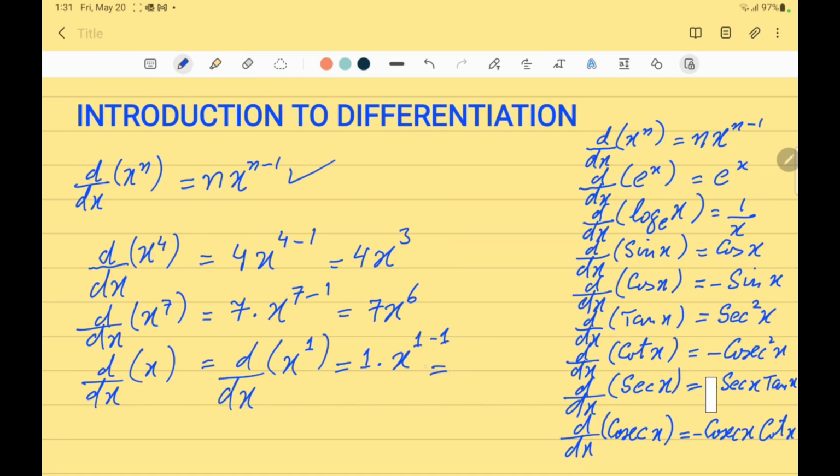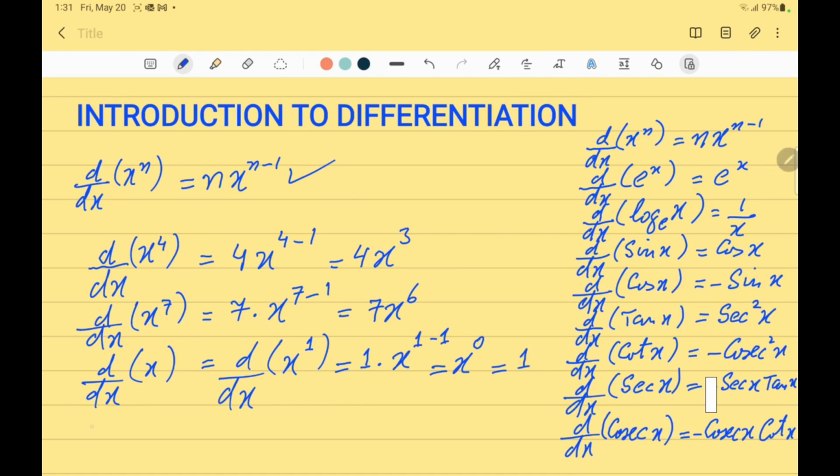So 1 into x raised to power 1 minus 1. Anything multiplied with 1 is the same number, and 1 minus 1 will be 0, and any variable raised to power 0 is equal to 1. So d by dx of x is equal to 1.